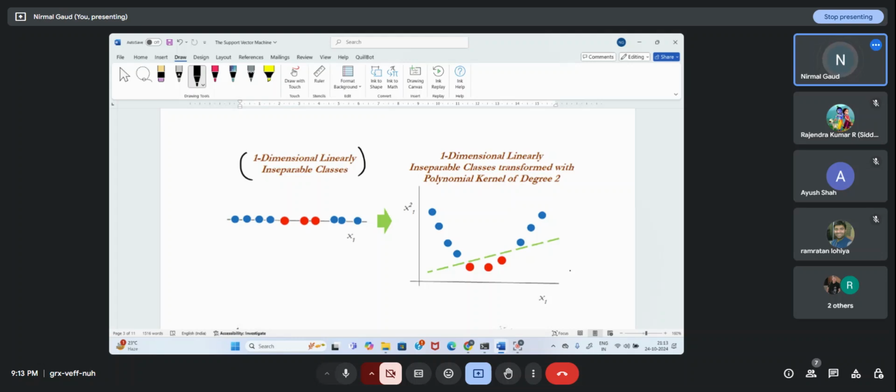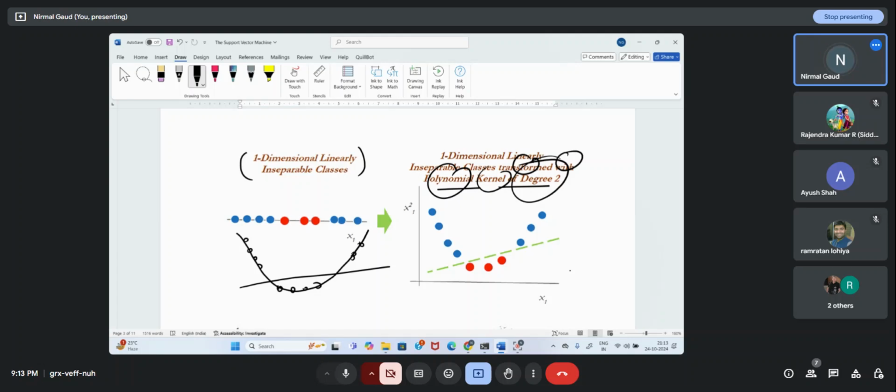So it applied kernel trick. That means it represents the data points on a polynomial of degree 2. When I represent these points on a polynomial, these are blue points, these are red points. Now I can separate blue from red. So it is transformed with polynomial kernel of degree 2.